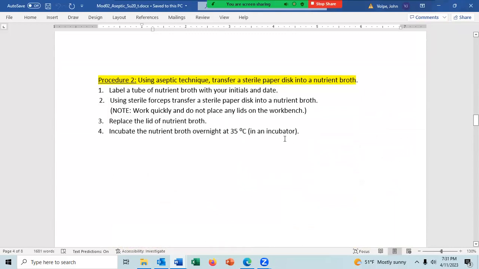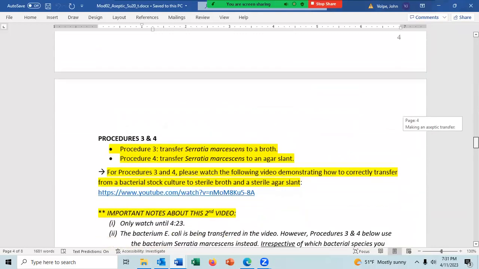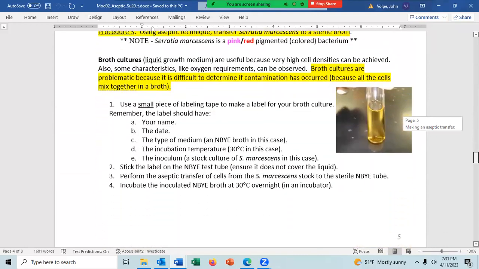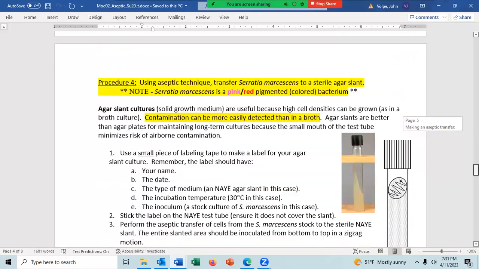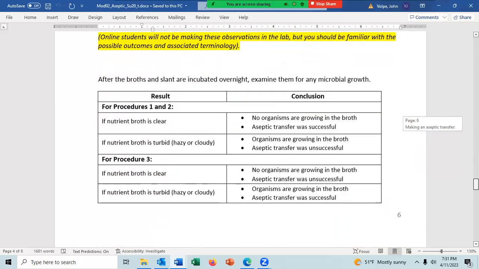You're not going to actually do it, but you'll pretend to do it. So you should read the procedure. If the nutrient broth is clear, then here's your conclusion. If the nutrient broth is turbid, hazy, or cloudy, then here's your conclusion. Any question about that?